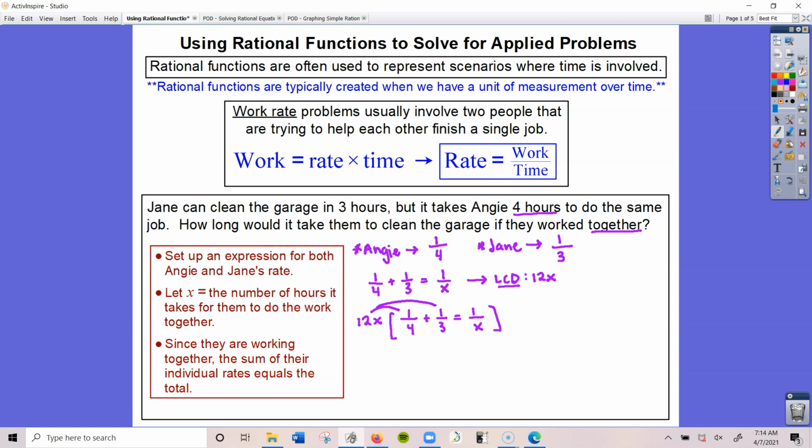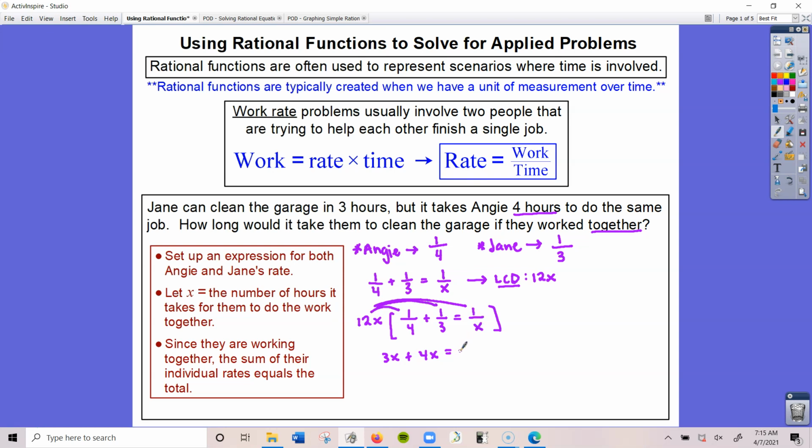Let's distribute. 12x times 1/4 is the same thing as 12x divided by 4, which is 3x. Plus 12x times 1/3 is the same as 12x divided by 3, which is 4x. Equals 12x divided by x.